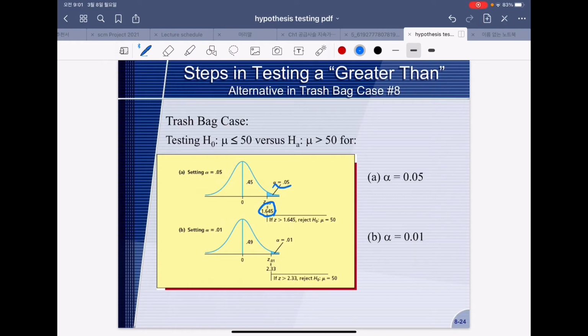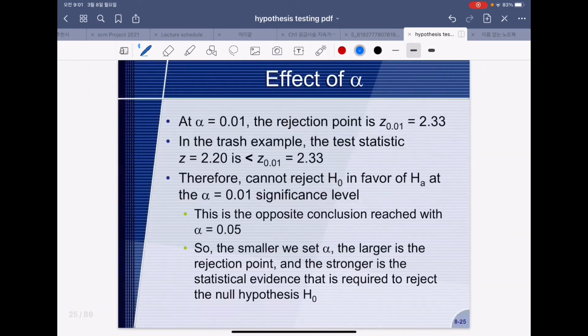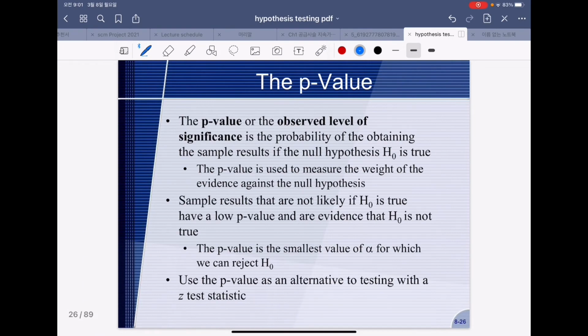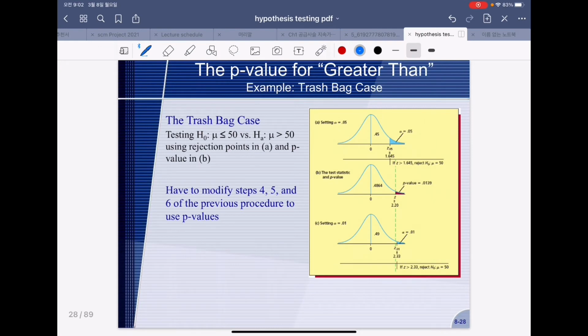Now, let's talk about the p-value. As I said, the computer only gives you the p-value when you do the hypothesis testing, so you need to know what the p-value is. The p-value is the smallest value of alpha for which you reject the null hypothesis. Let me show you this.